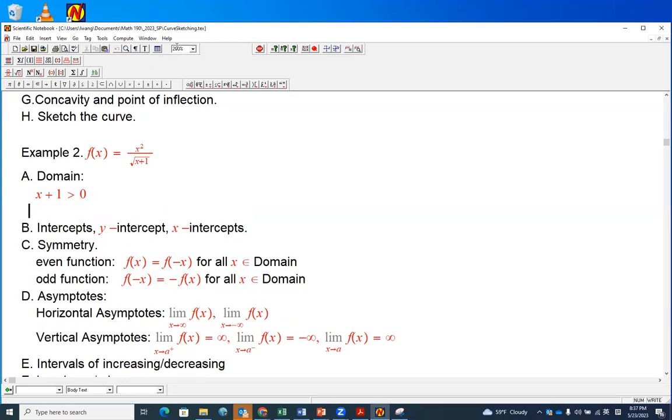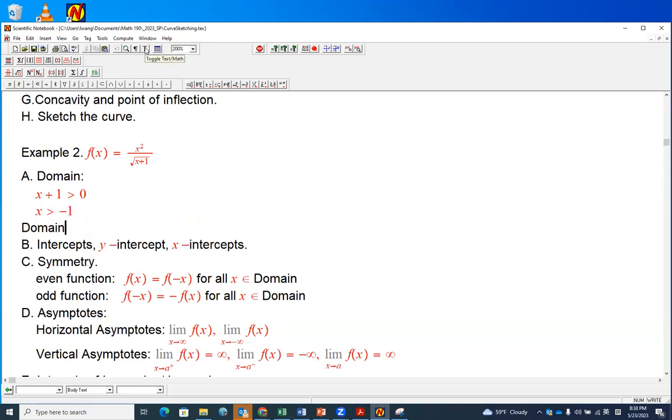As a result, when we solve this inequality, x will have to be greater than -1. So the domain would be x is greater than -1, or you can say x has to be from the interval from -1 to positive infinity.